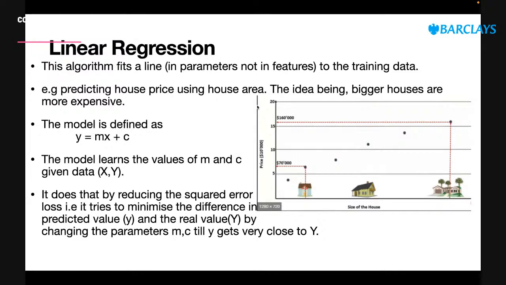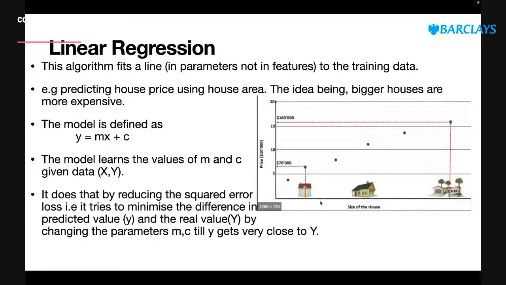So, linear regression. This algorithm fits a line. It is very simple from the name itself. It is linear, but sometimes it is actually not linear. In that example, we can see how the house size varies from small to large, and the price varies along with it.